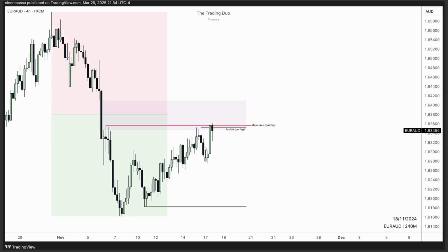So now price is taking the inside bar high and taking our buy side liquidity from the swing high. And in this case, I can still look into signatures of price reversing because we can reference the dealing range from this high here that I'm moving my cursor around instead of this high, because this high took a preceding swing high here.